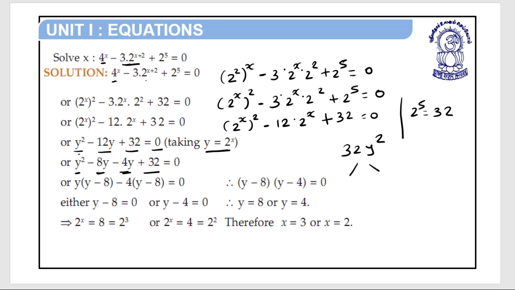So 8 fours are 32, minus 8 minus 4 is minus 12. So minus 8y minus 4y. Taking y common, y into (y minus 8) minus 4 into (y minus 8) is equal to 0. So y is equal to 8 and y is equal to 4.